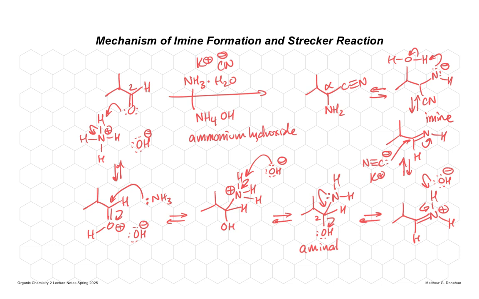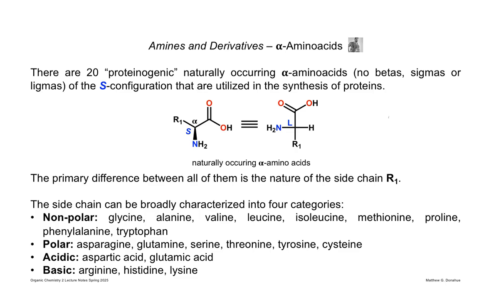So for the most part, the mechanisms all kind of have a common theme. There's this nucleophilic addition, but what's really new now is understanding the proton transfer parts. So I'm going to introduce amino acids now. What are they?